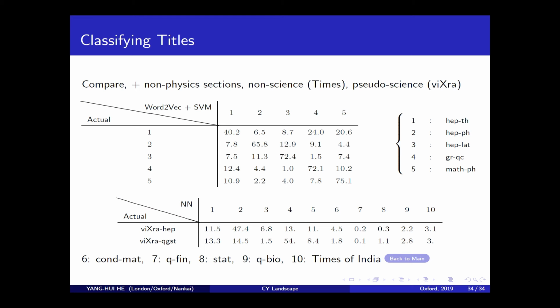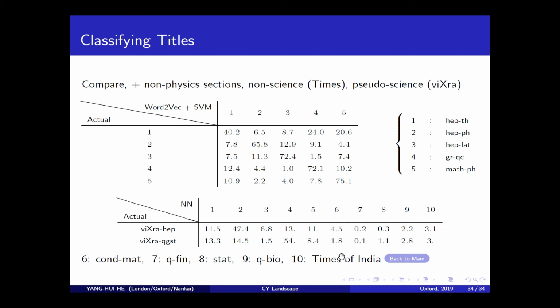String theory is there, quantum gravity is there, ADS is there, all the buzzwords are there, but the juxtapositions are just not quite the same. No self-respecting string theorist would ever write down a title such as, a new paradigm in quantum gravity and its subsequent generalizations to all fields of science, whereas in viXra, you very often see such titles. This is just titles, just kind of interesting to see.